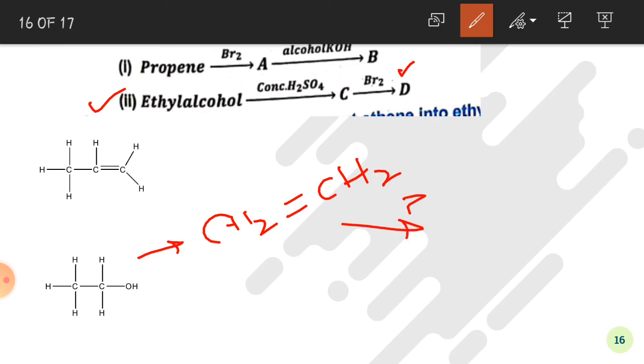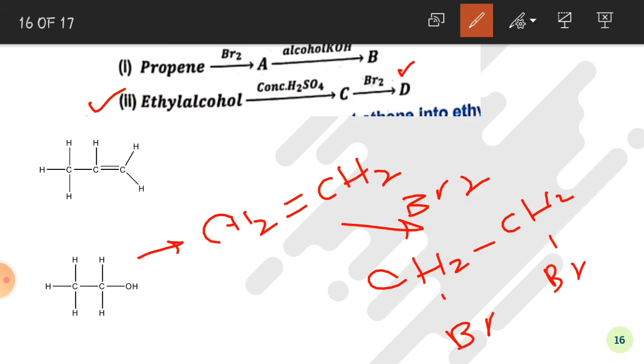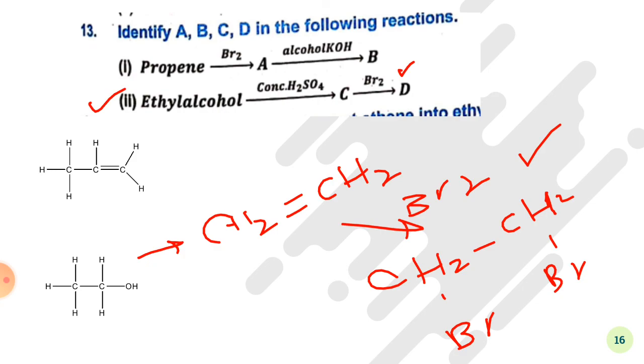Now when an alkene is reacted with bromine, the bromine atoms get added across the double bond. So this will be our end product. So this is how you will be asked to complete the reactions. If you know about the chemical reactions given by each chemical substance, then you may easily complete these reactions just by looking at the reagents and the reactants.